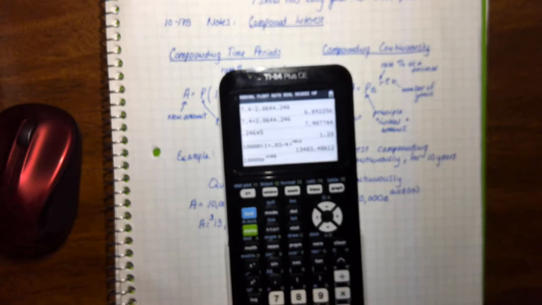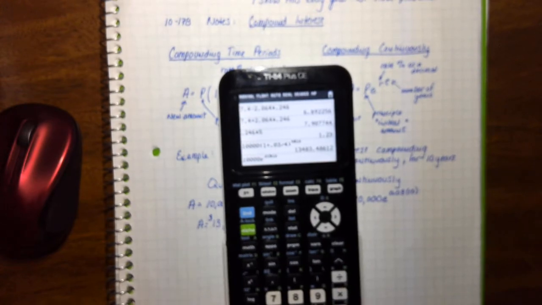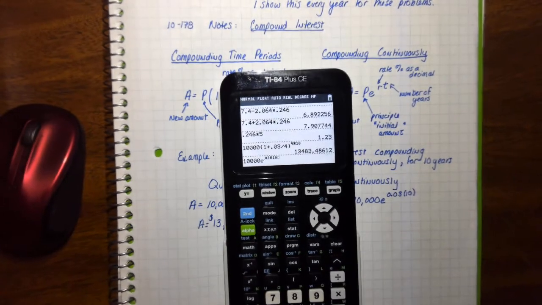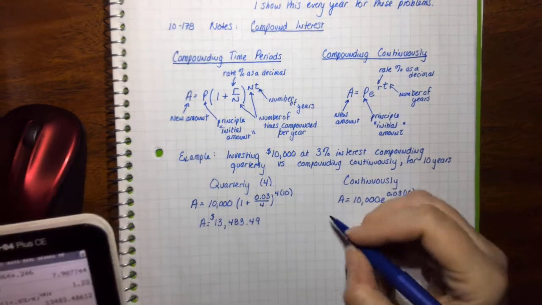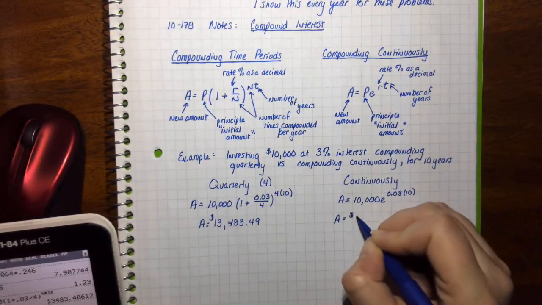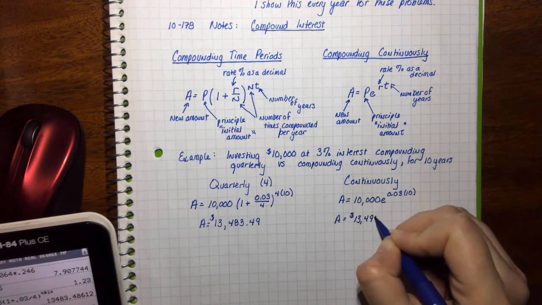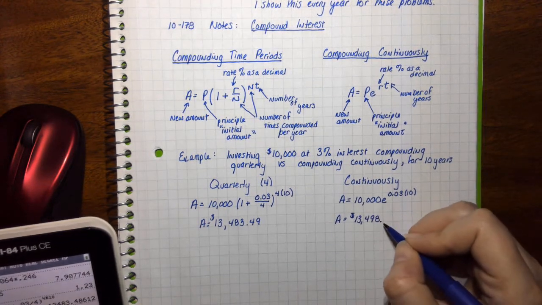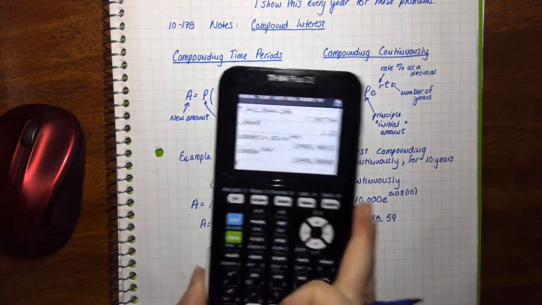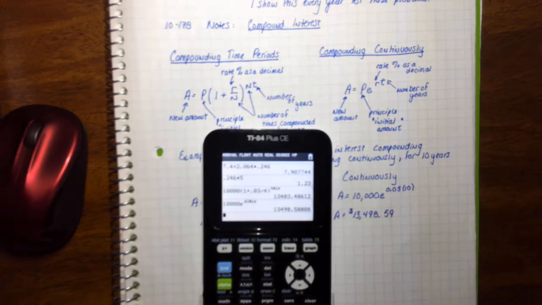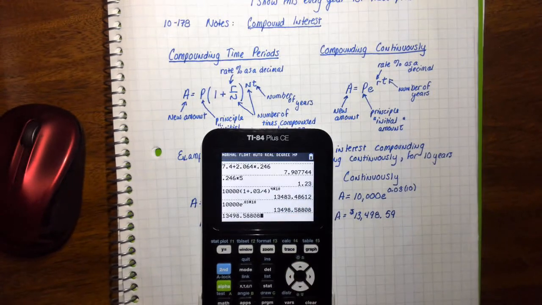Okay, and then for 0.03 times 10 in that exponent, $13,498 and 59 cents. Okay, so they didn't ask for this, but I'm going to take this minus this.